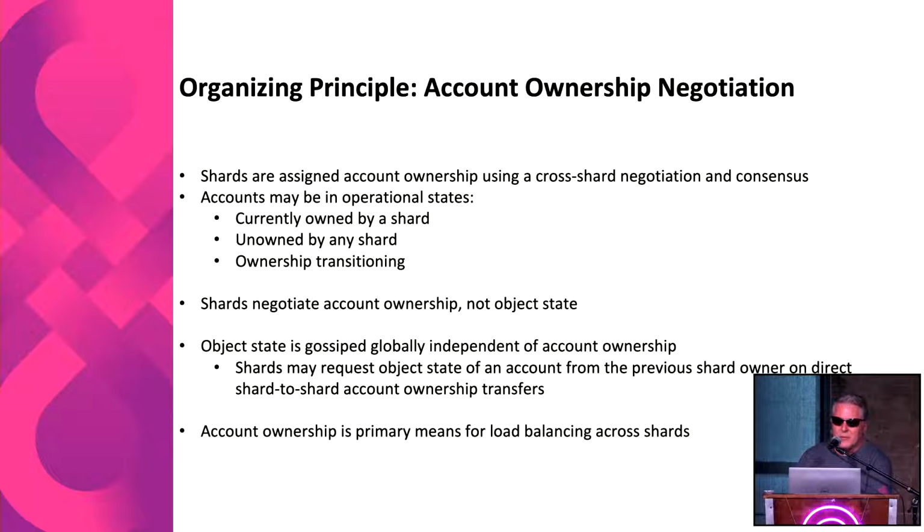The account ownership is the important thing, not the object state. And I actually jumped this slide, but the idea is that the individual shards execute the transactions and update the object state database locally.